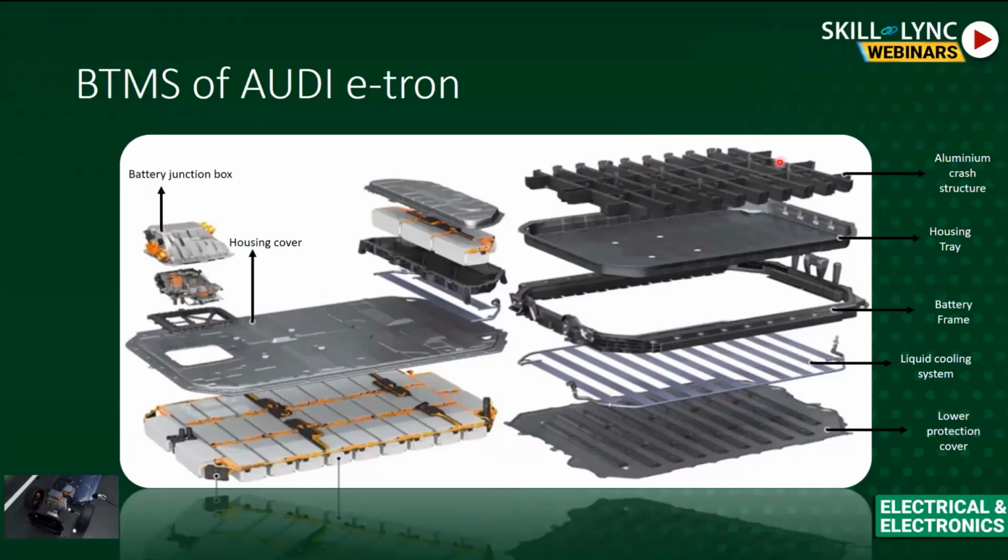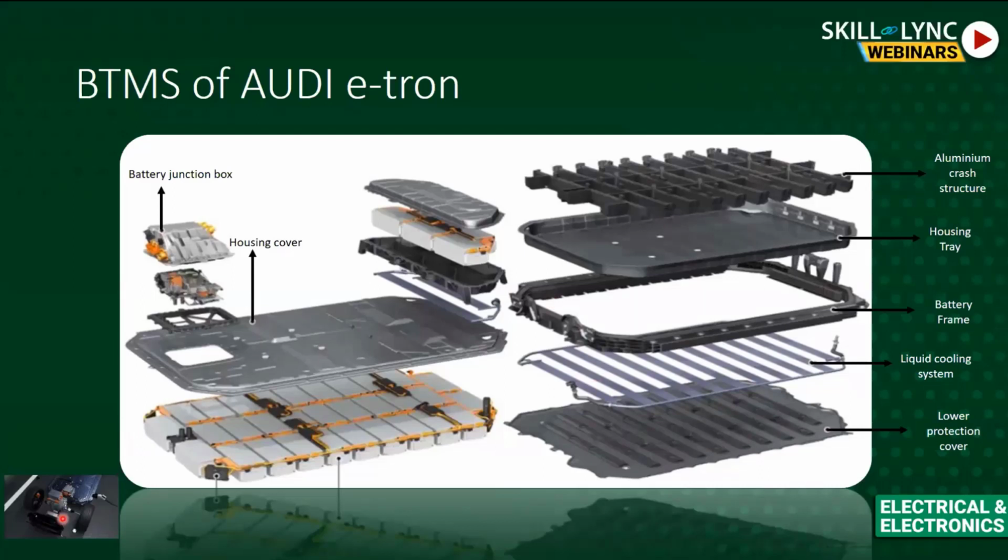You can also see a mechanical structure which protects the battery pack from a crash or an impact. You can see the tray with a lower protection, and you can have a frame where you can mount the battery modules and everything.